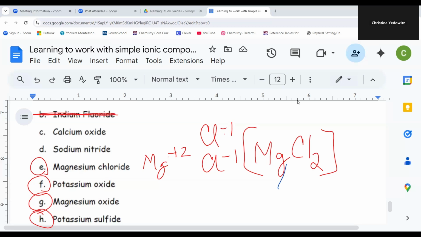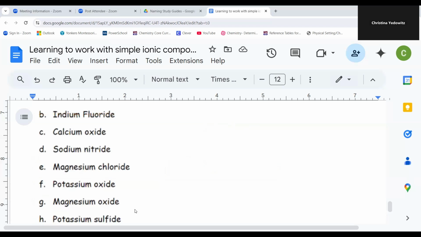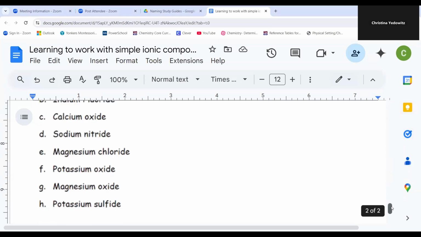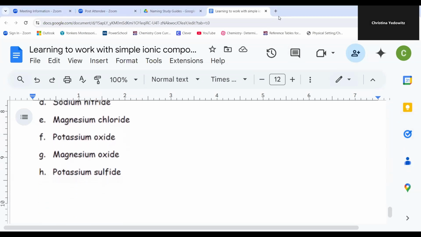I do have to clear off the screen though, or I'm going to run out of room. All right, next one. Potassium oxide. If I go find potassium, I have to know my elements really well because I have to be able to find potassium, who is K, not P. Okay, he's a group 1 metal, so he has a +1 charge.